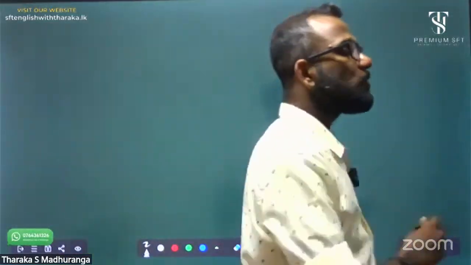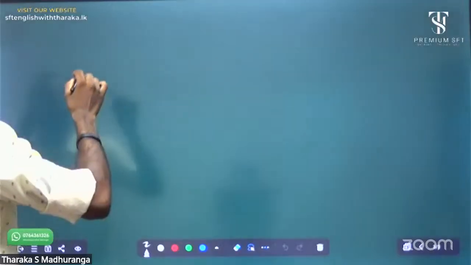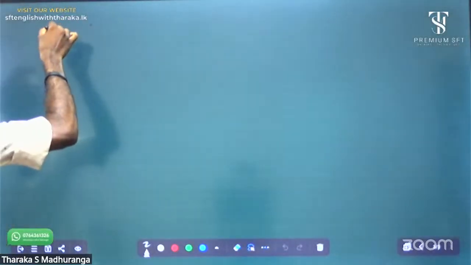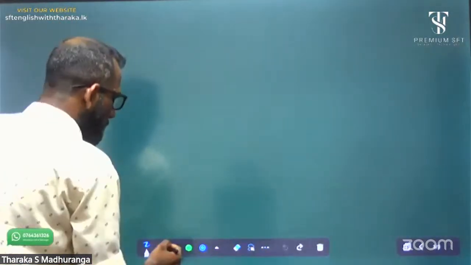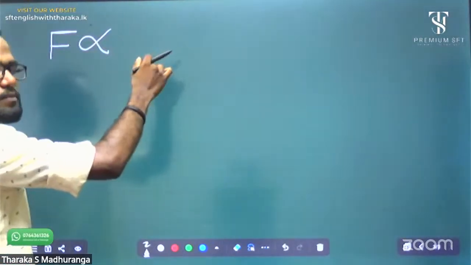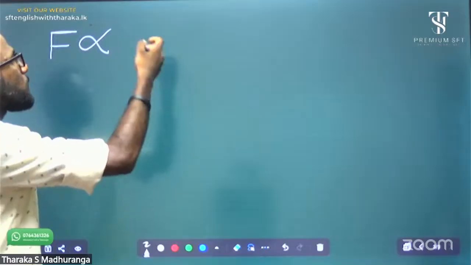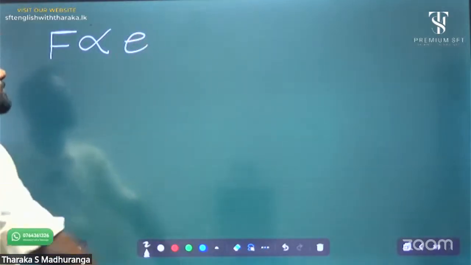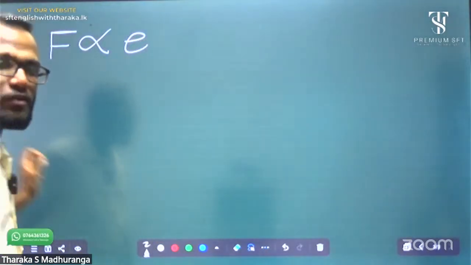According to his explanation, the applied force is directly proportional to the extension. That is Hooke's law.